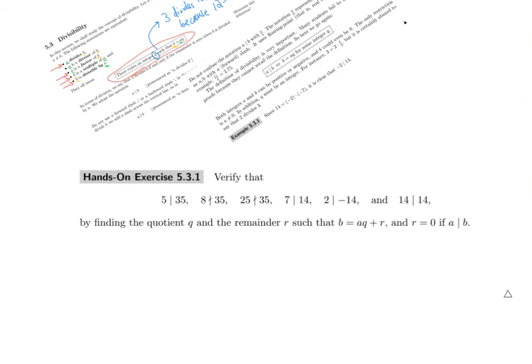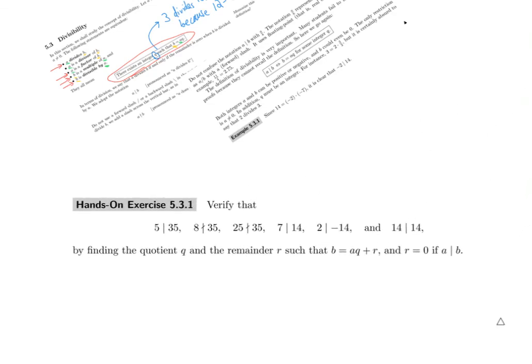So now what you need to do is read this hands-on exercise, pause the video, give it a try. It is officially part of your homework, and you're practicing applying a definition to these numerical examples. So this is kind of like a combination of testing you on level 1 and level 2 of getting this definition and working with this notation.